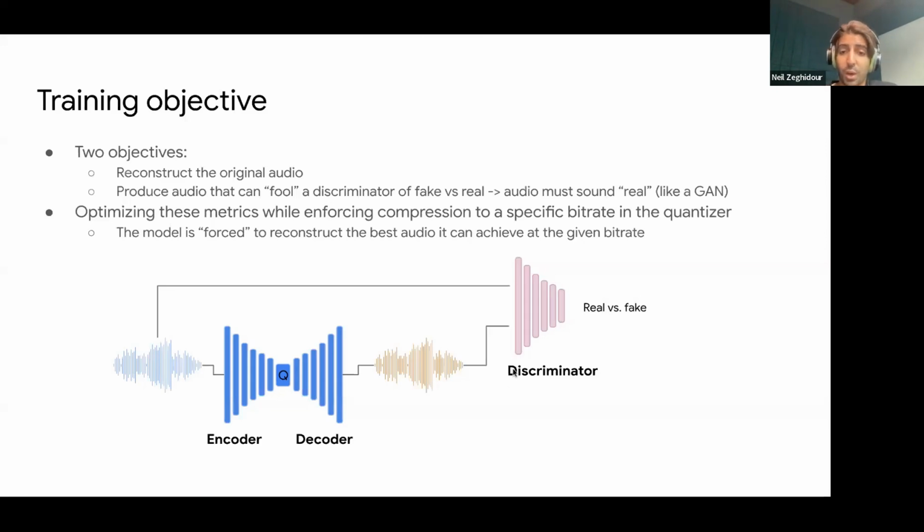So we train a second neural network called a discriminator, which needs to tell whether an audio that it receives has been compressed by SoundStream or is an original uncompressed audio, right? And SoundStream is trained to fool this discriminator. If SoundStream reaches its objective, it means that it's able to generate compressed audio that sounds as good as uncompressed audio. So it's a very good objective to use to train the model.